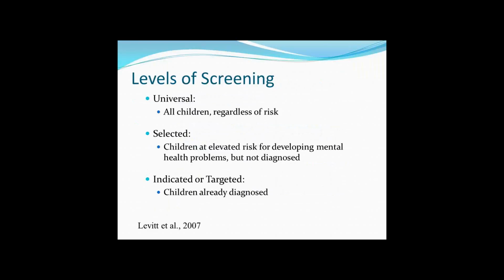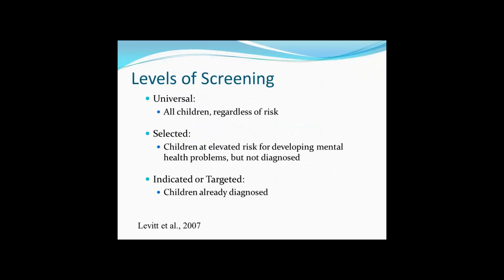Selected screening, the selected level, is if there are children identified as being at elevated risk for developing issues, but it's not been diagnosed. That small group, so to speak, can have selected screening.